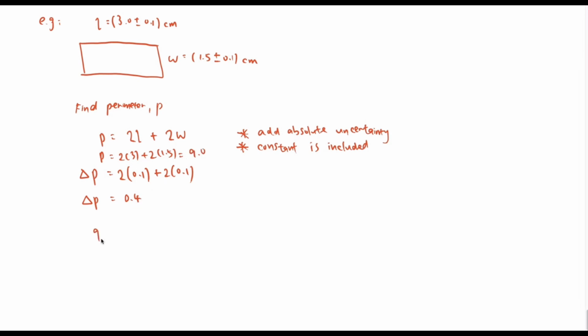So 9.0 plus minus 0.4 cm. It should be like this. So no matter how, we add, but the thing is what you add, absolute uncertainty or fractional uncertainty. Make yourself clear on that.